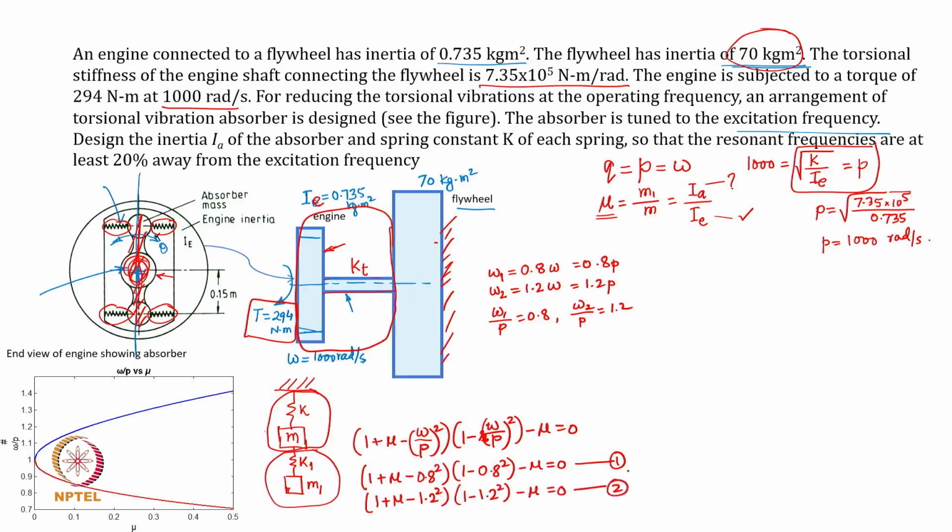So these two equations, if I solve, I get the value of mu. Obviously I can get it from the first itself, I don't need the second one. If you solve this, the value of mu that you get would be 0.202 or so.